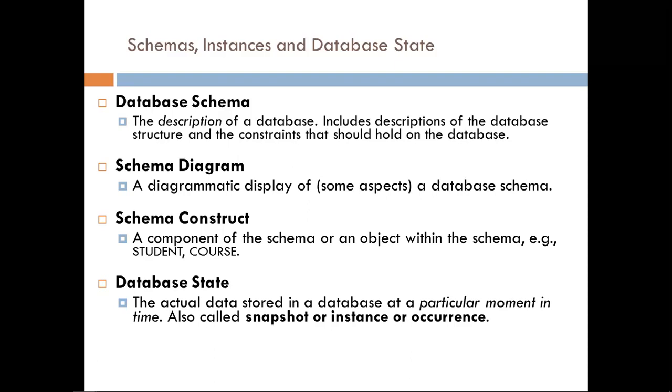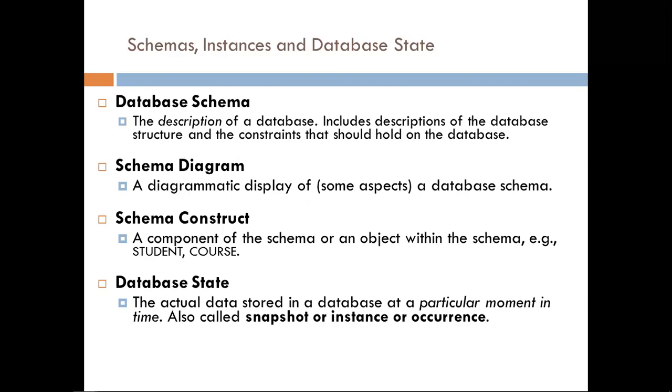In the schema, if any attribute is taking its value from other tables, then we just indicate an arrow mark. That arrow mark representation is part of the schema diagram.